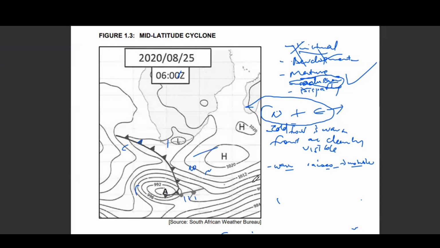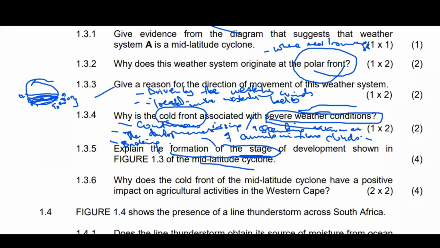Under that line, we understand that this is occlusion stage. So if we say that it's occlusion stage, we go back to the question. That was the first thing that I wanted us to know. If it is occlusion stage, what do we need to know? They are saying explain the formation of the stage, so we need to explain how this stage forms.